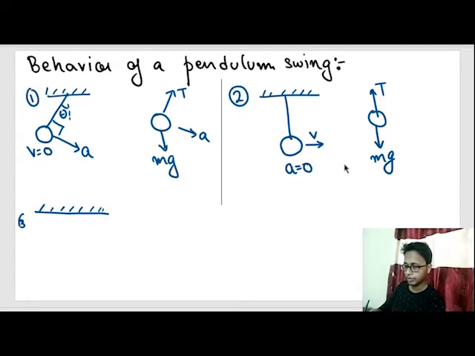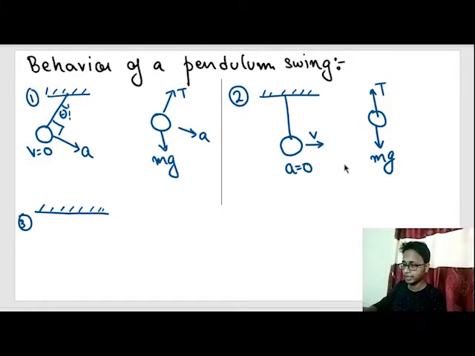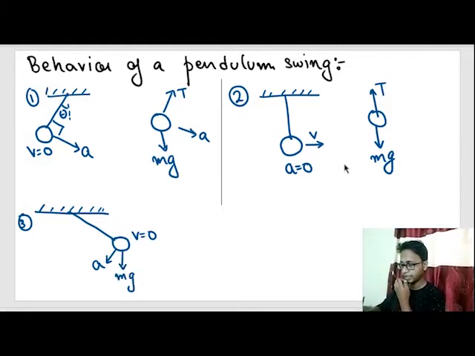Now see what happens. Third case, when the pendulum from this position goes to the right hand side, the velocity keeps on decreasing and v is equal to 0. But out here the acceleration will now be acting in this direction because mg is downwards. So what is happening out here? Can you intuitively see something?